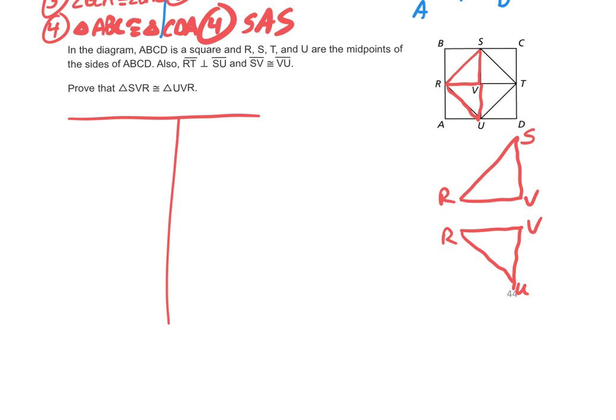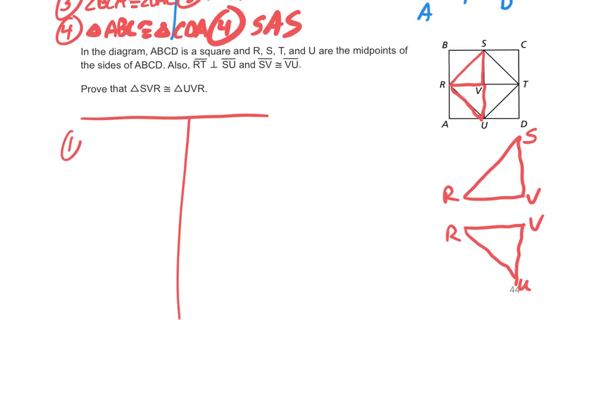If we were to do this as a 2-step proof, I would start with SV is congruent to VU. It's not already marked on the picture, so now the new one that I drew here, I'm going to go ahead and mark it.